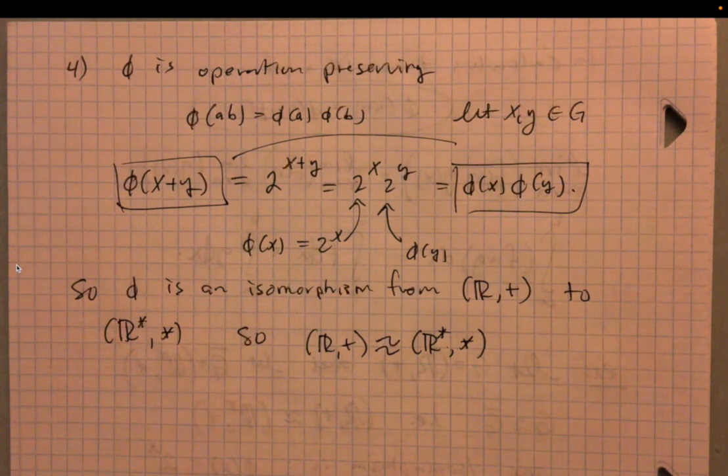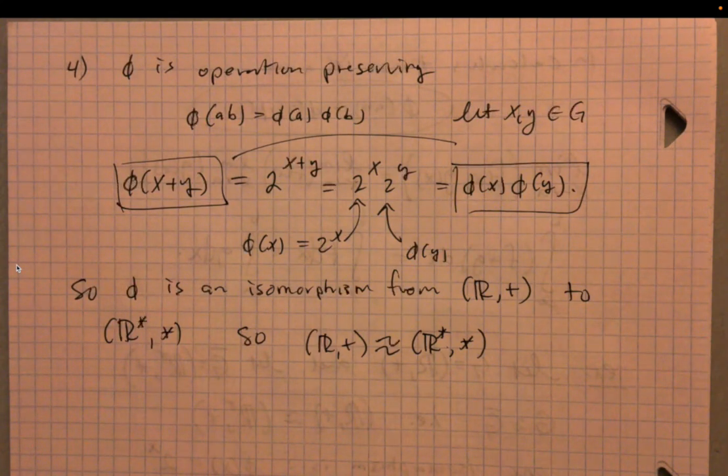What we've really just said is that these two groups have the exact same structure. They're the same group, just wearing different clothes. Somewhat different elements and different operation, but they do the same thing. The group operations are all preserved, and basically one is just a copy of the other almost.